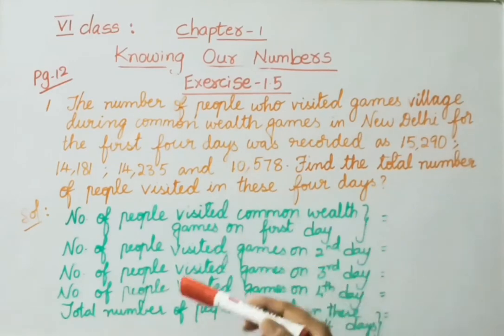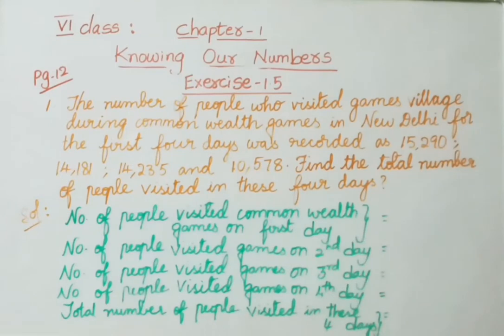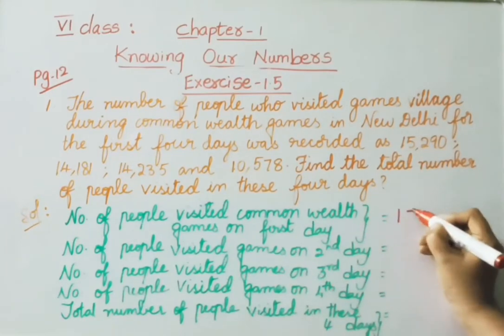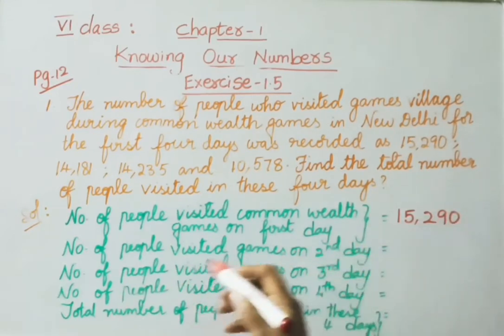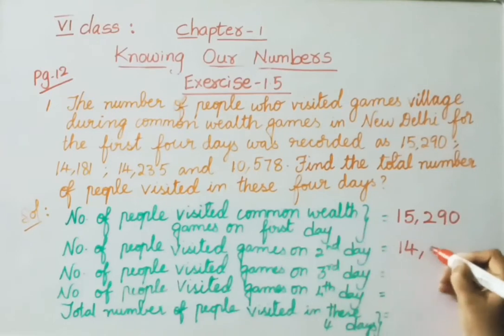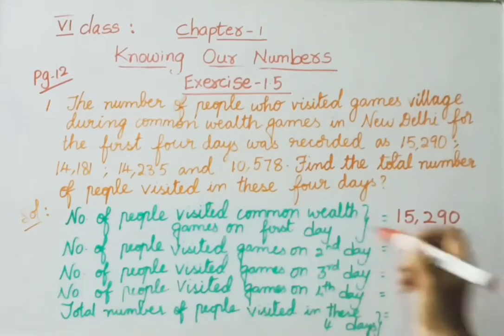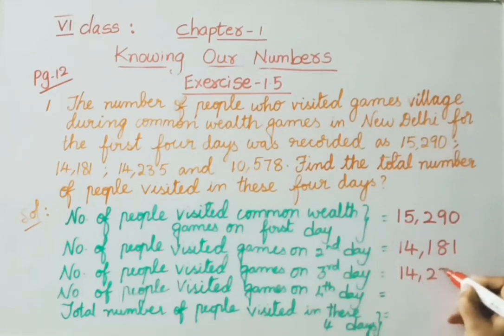Number of people visited the Commonwealth Games on the first day, that is 15,290. Number of people visited on the second day, 14,181. Third day, 14,235.